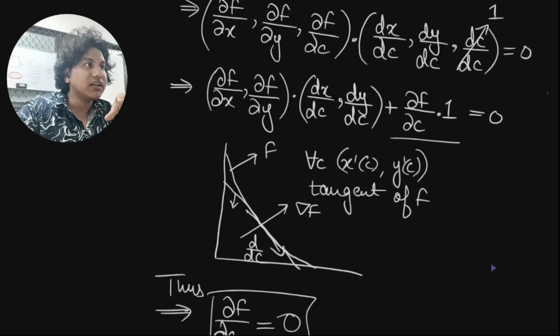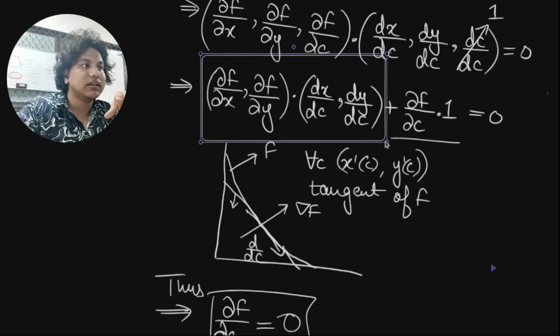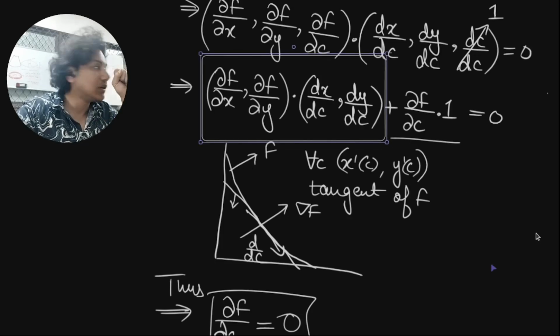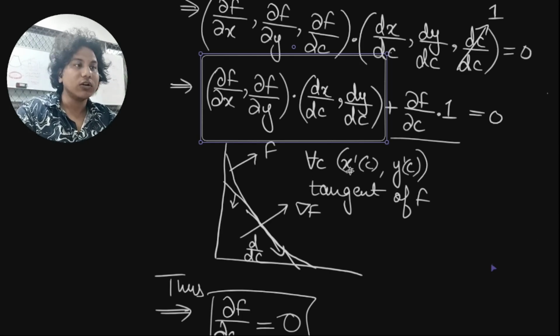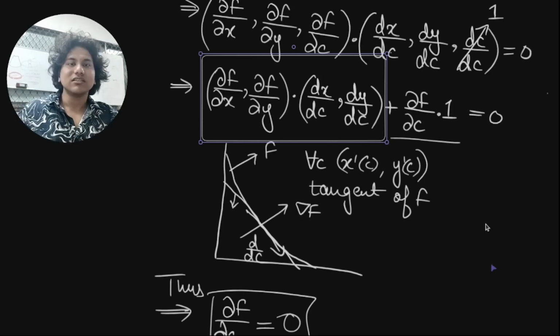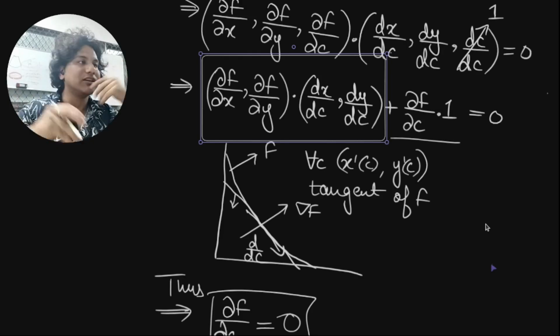But it is pertinent to understand why this particular part is also 0, because this is only in the spatial dimensions x and y. The other added parameter is c. For all c, the derivative is tangent to the function, because the separate lines form the envelope of the asteroid curve.